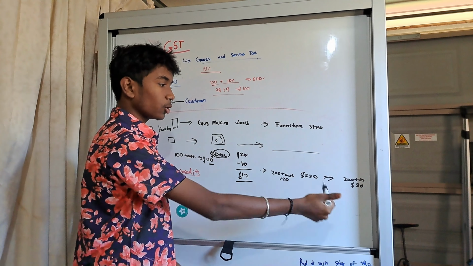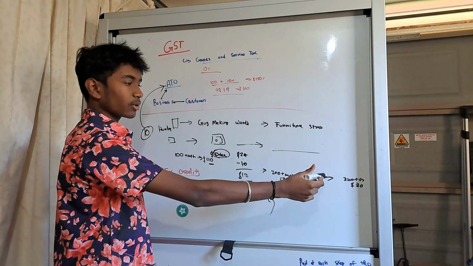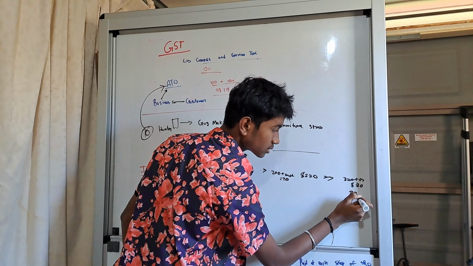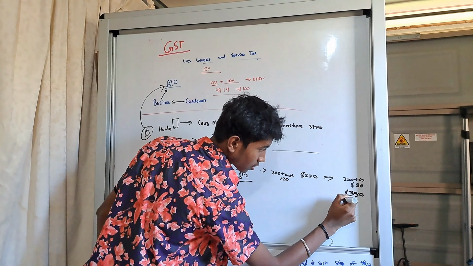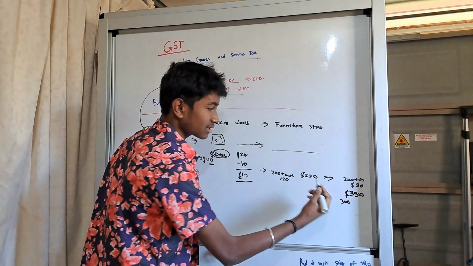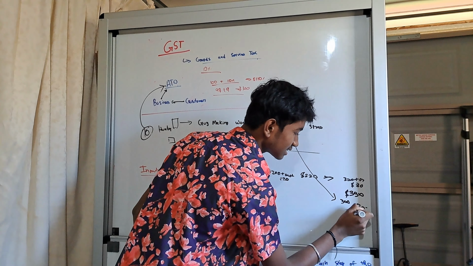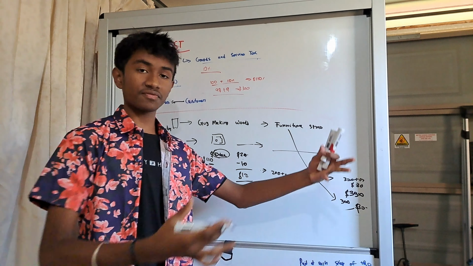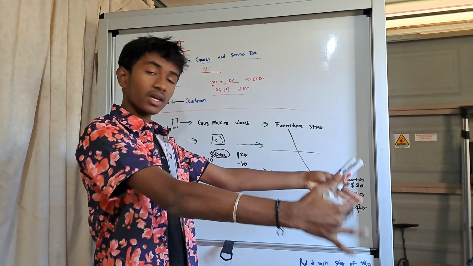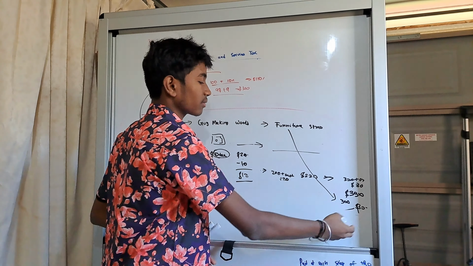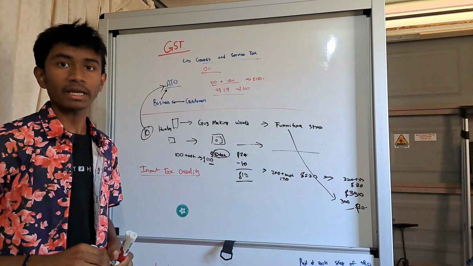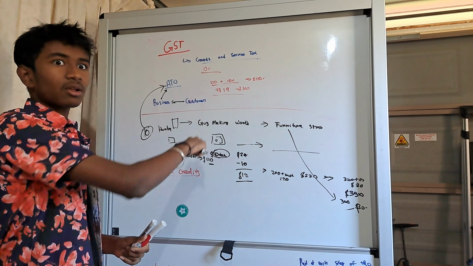Same way here. You're selling the product to the customer for $330, right? So $300 is the money that this furniture shop gets, and $30 is the tax that he collects from the consumer. He collects $30 from the consumer and gives it to the ATO. But except he doesn't give $30 to the ATO.